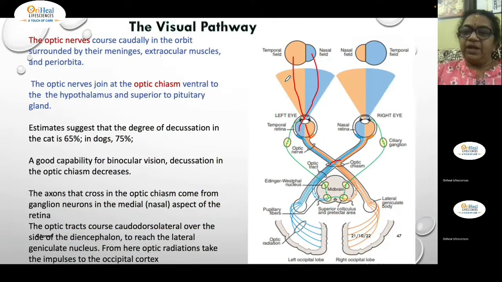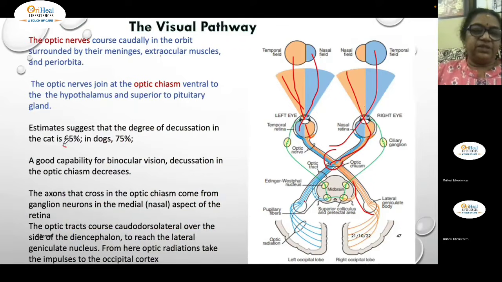So from the lateral aspect, whatever light rays or images enter into the eye will finally find a place on the right hemisphere, whereas from the left it goes towards the right hemisphere. So this is mainly because of the optic chiasm. The optic chiasm is very important, this decussation.